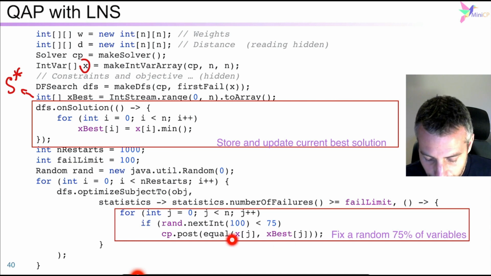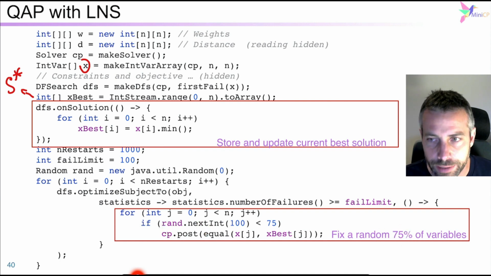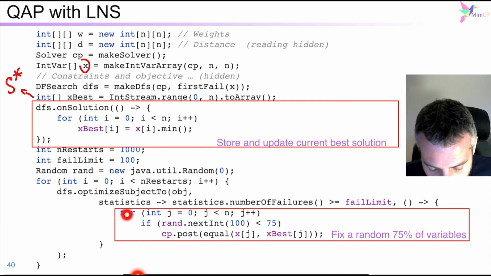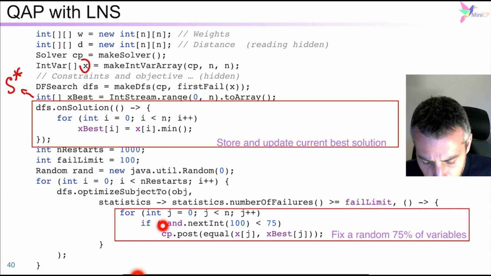The chance that you have to post this constraint is 75%, because I use a random number generator there. Again, I repeat, I scan here all the variables. I flip a coin, and with 75% chance, I will fix the variable xj to the value in the current best feasible solution.